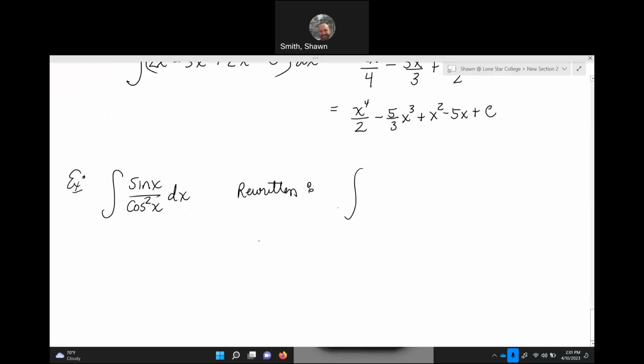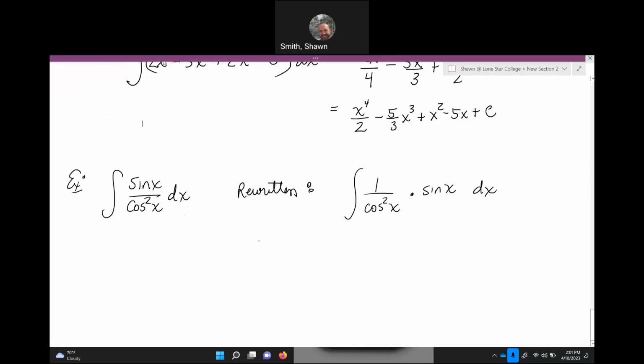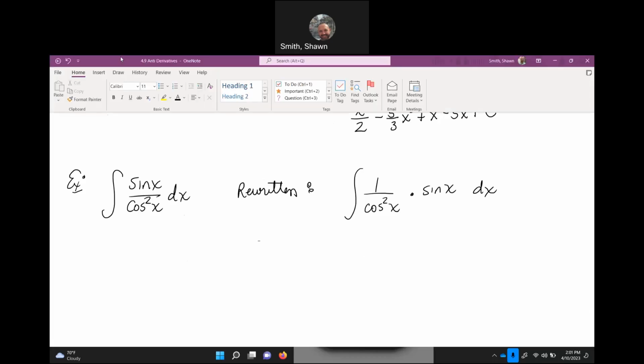That's where your trig identities come into play a lot. What is 1 over cosine? Can I do cosine squared? I could have done it in one step. Let's go ahead and just erase that.